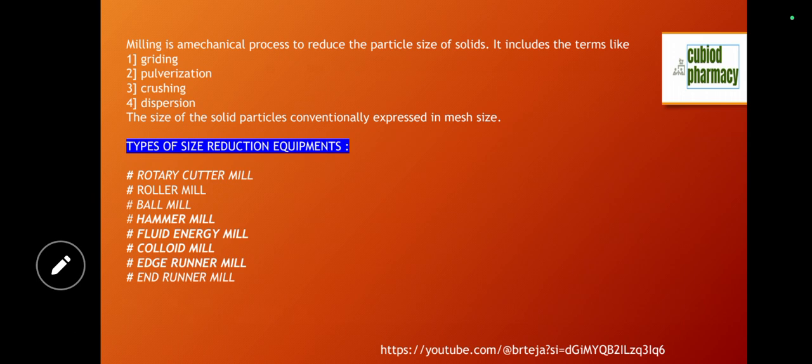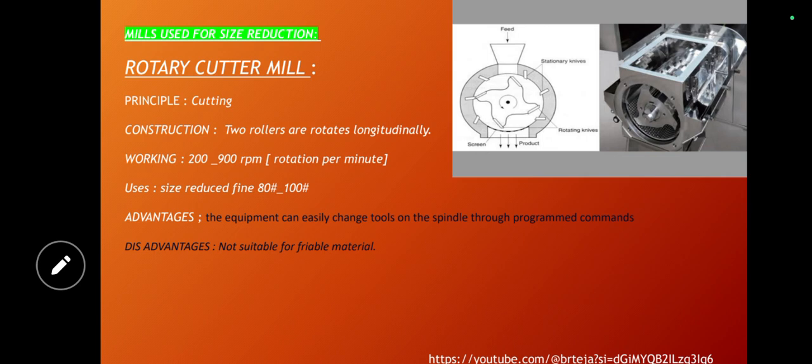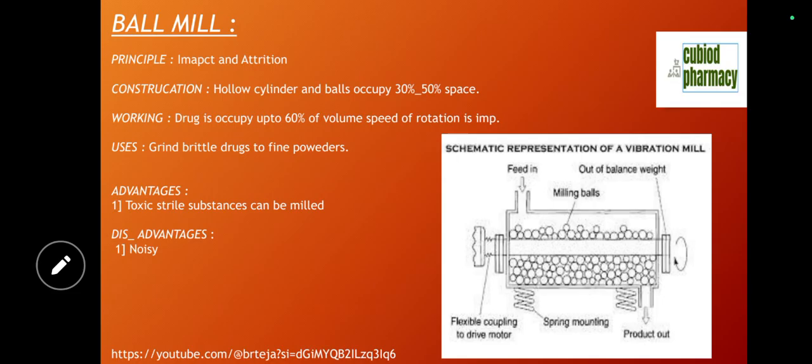These are the size reduction equipments used in the pharmaceutical industry. For example, they reduce size between solid and solvent, reducing the time for extraction. All these equipments are used for solid materials and solvent materials to reduce extraction time.